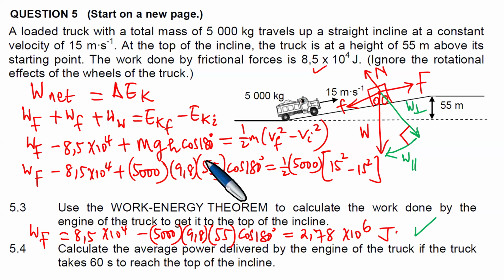Right. And that is something that you need to take into account and make sure that you are able to interpret that very well. Okay. And you're able to sort of understand there. So that in the end, then we have the work energy theorem, and has been used to calculate the work done by the engine of the truck to get to the top of the incline.